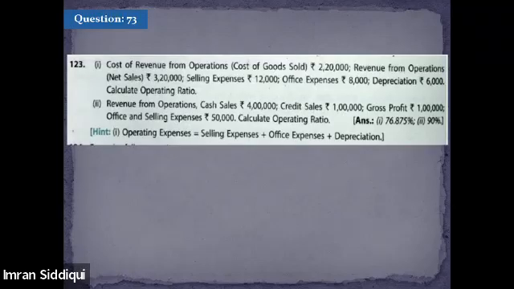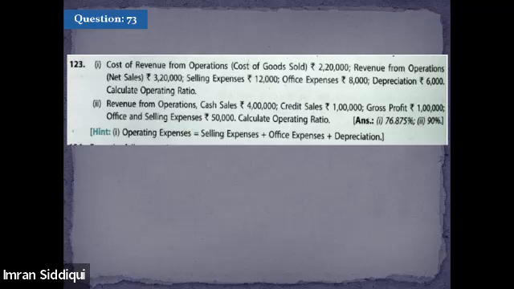Okay, so we'll do question number 73. Question number 73 says cost of revenue from operation, which is cost of goods sold, is 2,20,000. Revenue from operation, net sales is 3,20,000. Selling expenses 12,000. Office expenses 8,000. Depreciation 6,000.